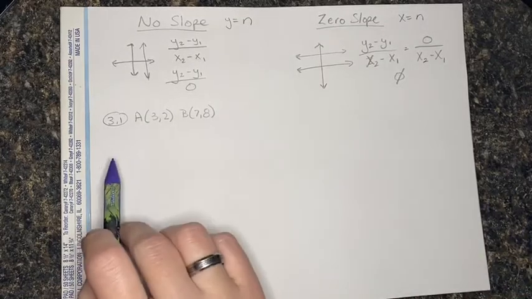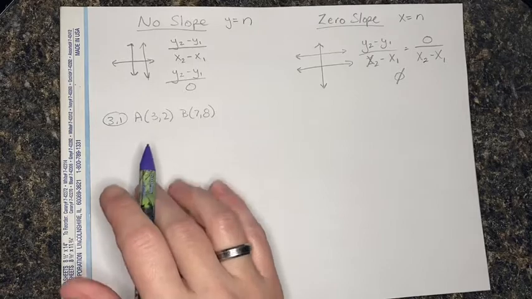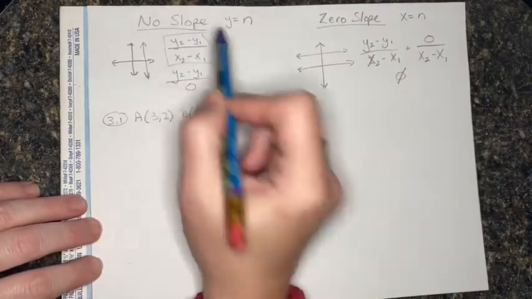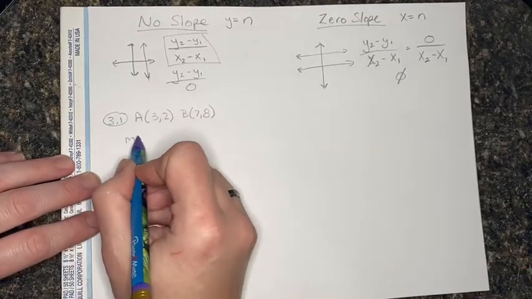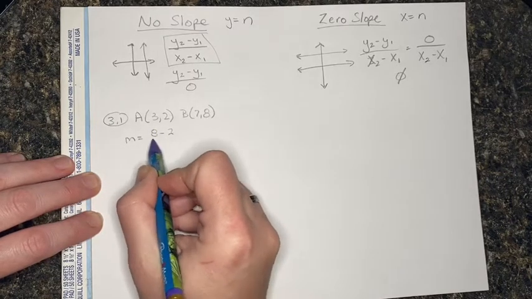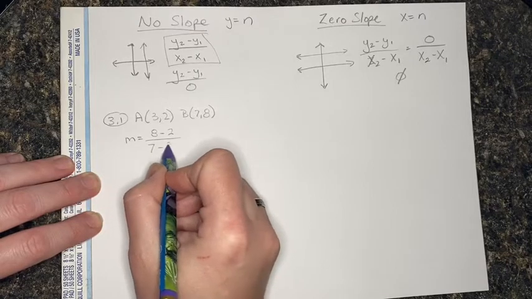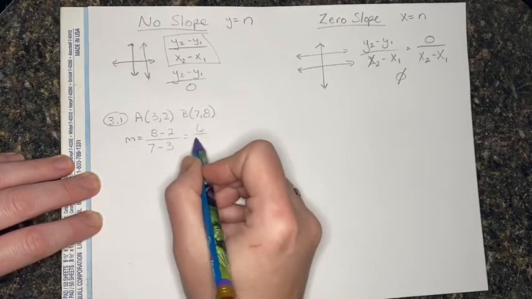For problem 3.1, they want us to find the slope of a line that contains these points. So we're going to use our slope formula. Our slope is going to equal y sub 2 minus y sub 1 over x sub 2 minus x sub 1. 8 minus 2 is 6, 7 minus 3 is 4.